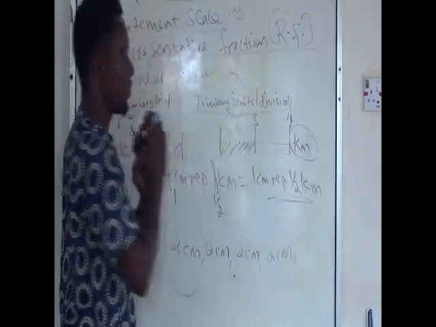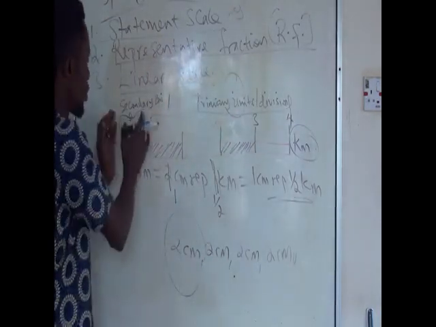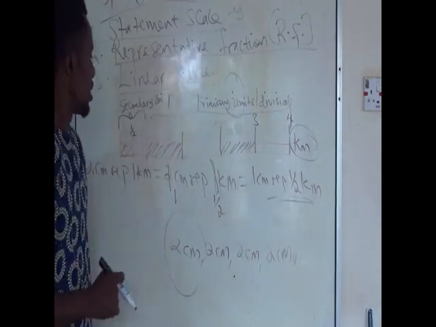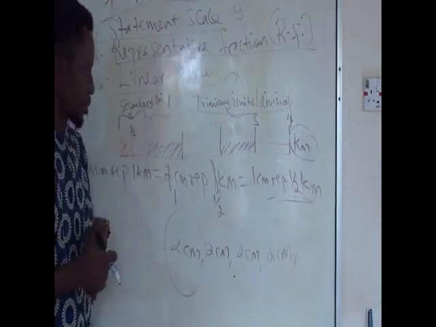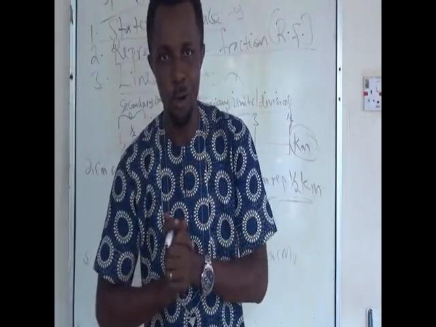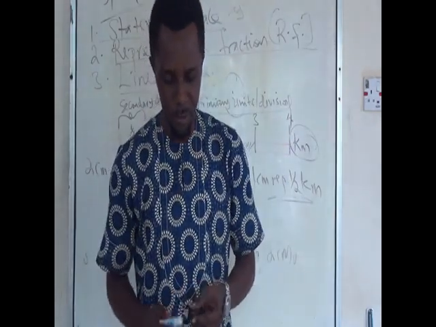The primary division is the most useful part of the scale. The secondary division is a subunit of 1 unit in the primary division. So as far as map reading is concerned, we focus on the primary division of the linear scale.